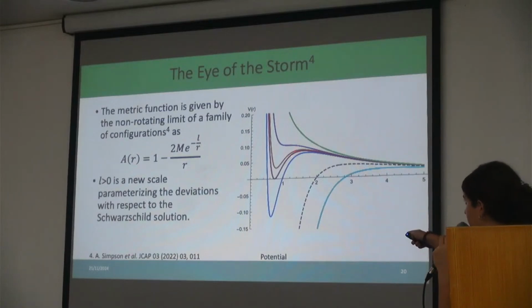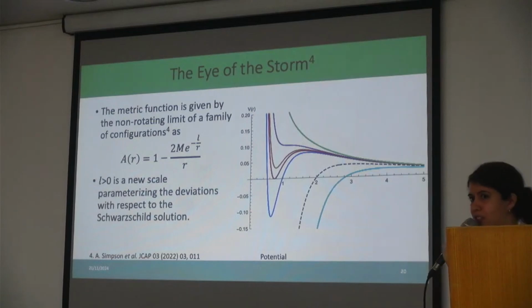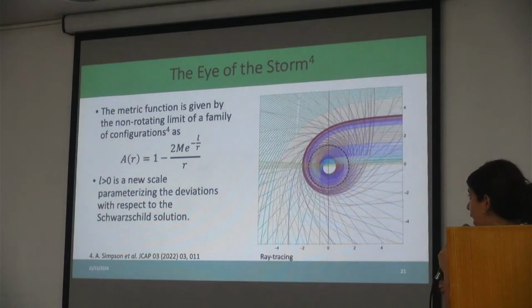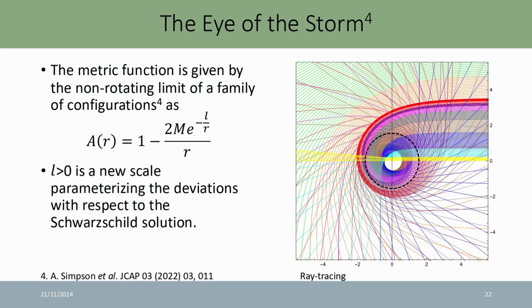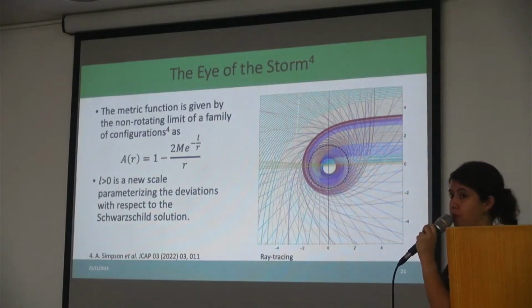So we checked this orange curve, in which we have a light ring and a stable light ring. One is unstable and the other one is stable. I'm not going to really explain this, but we can see that we have several colors.